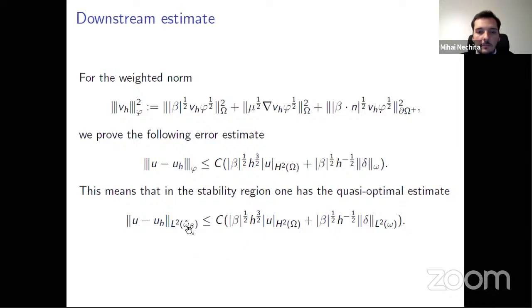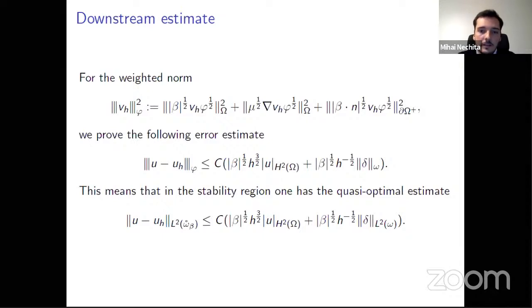So like the one here at the bottom, where we have the error in this stability region, which converges as h to the power of 3/2, which would be the optimal convergence rate, even for a well-posed problem when stabilized finite element methods are used.